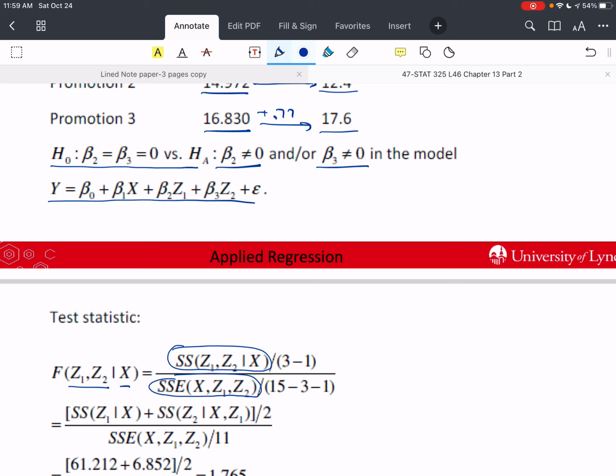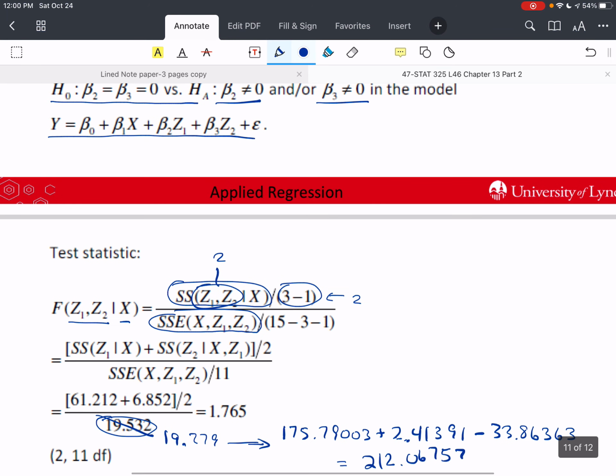Okay. And so here we have 3 minus 1, so that's going to be 2, the difference of 2 here. And then we have n minus k minus 1, so 15 minus 3 minus 1. And remember there's 3 sales promotions.